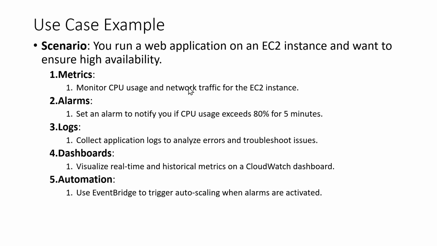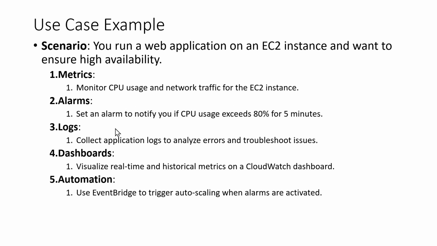And here they have taken an example, a use case probably. You are running a web application on an EC2 instance and want to ensure high availability. When it comes to metrics, we monitor the EC2 instance's CPU usage and network traffic.